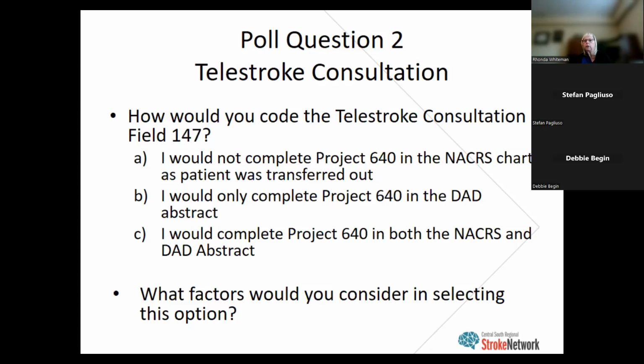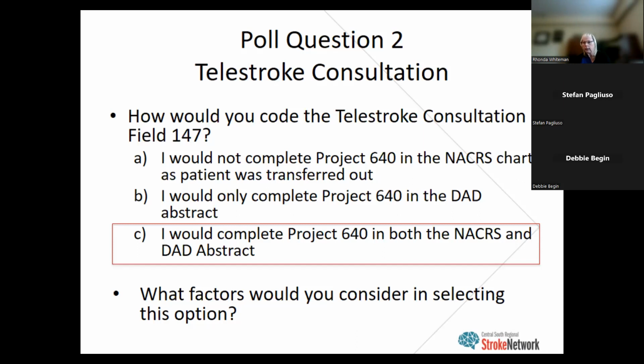In this situation, this is an Ontario telestroke facility. In 2022, there was the requirement that even patients who were transferred out should have it completed in NACRS. When the patient was transferred back, it would also be completed in the DAD because there was a telestroke.